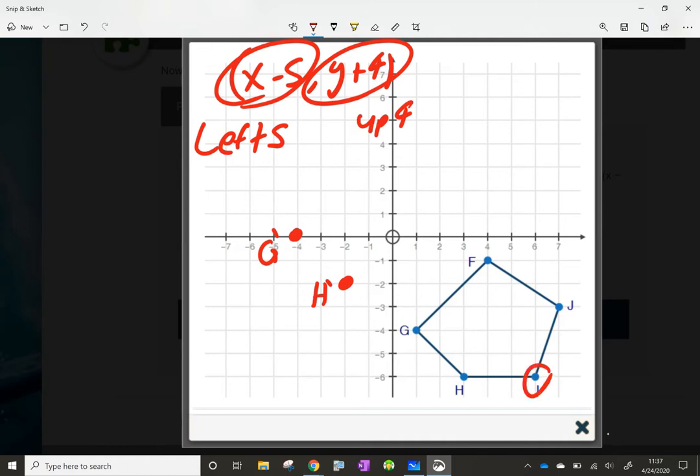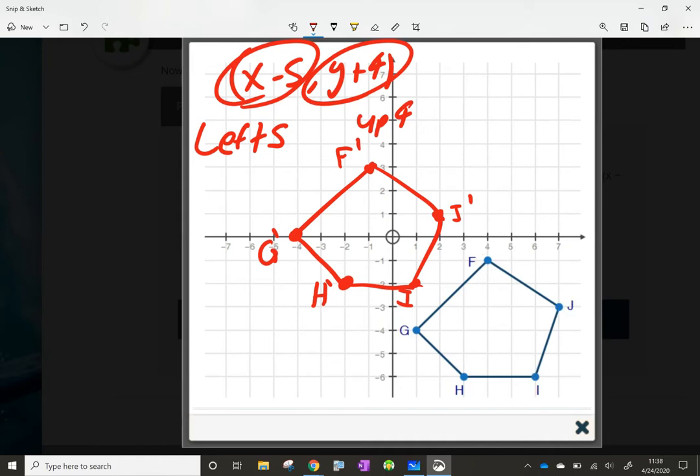If you do it for I, J, and F, I will move you to here, J will move you to here, and F will move you to, I'm trying to count this out, here. So this would be I prime, J prime, and F prime. So our shape would look like this. So it's the exact same shape, of course, just through counting.